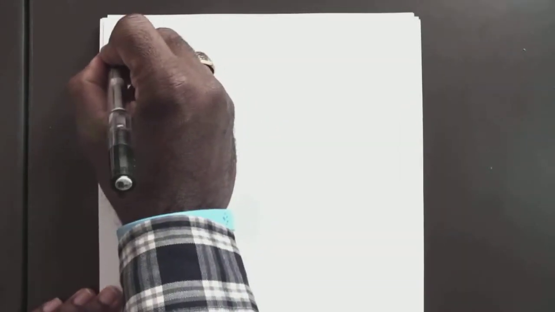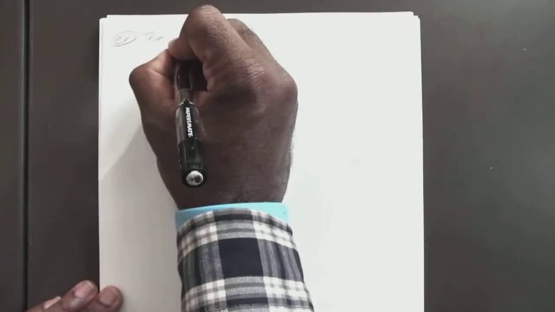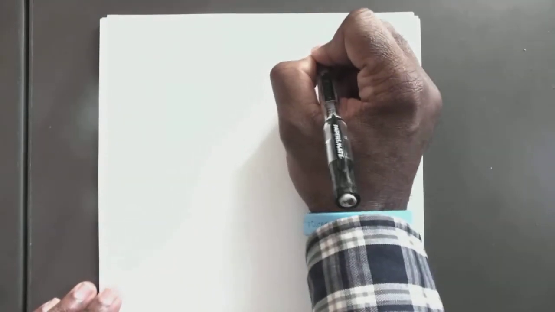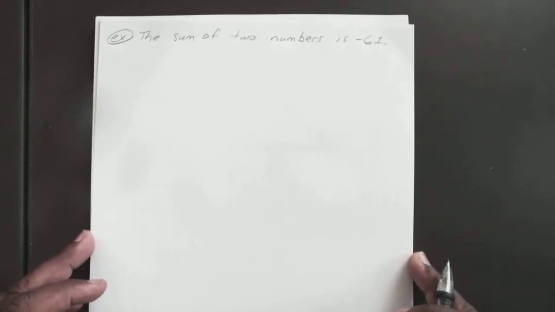So let's say, for example, the sum of two numbers is -61. Okay, so one number is 35 more than the other.